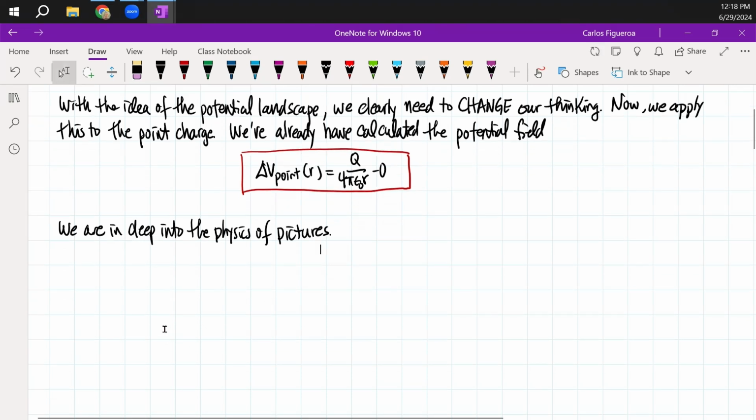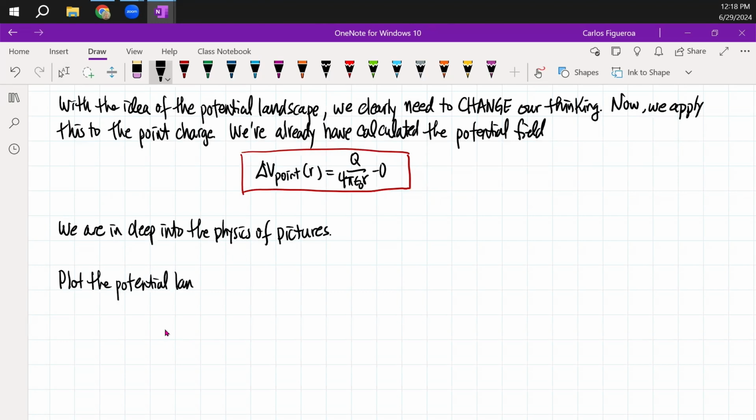Okay, let's start. The first thing that we want to do is plot the potential landscape. And we know that the potential landscape tells the charge how to move.